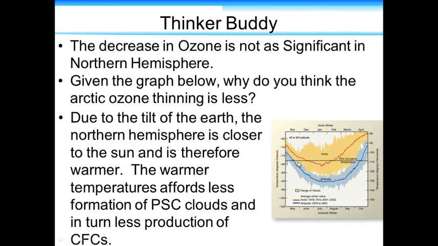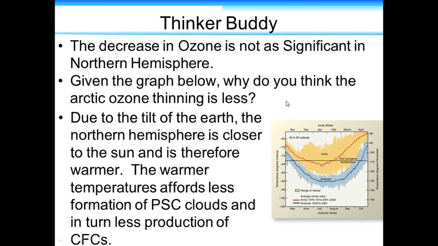This is the temperature where if you go below that temperature, you have an increased number of polar stratospheric clouds. So in the Antarctica, it tends to be below that required temperature for the majority of the year, particularly in September and October, compared with the Arctic region.